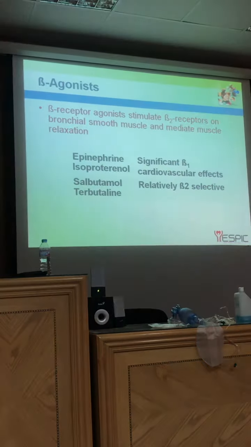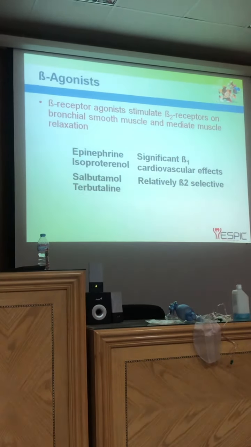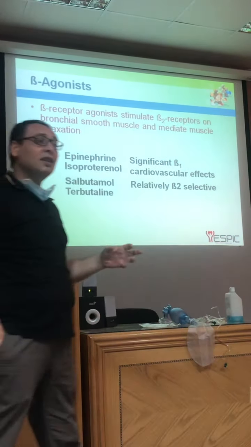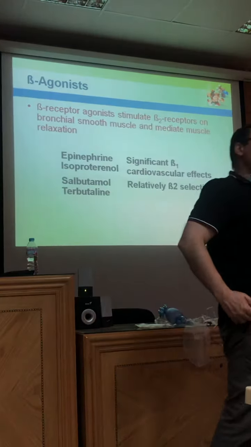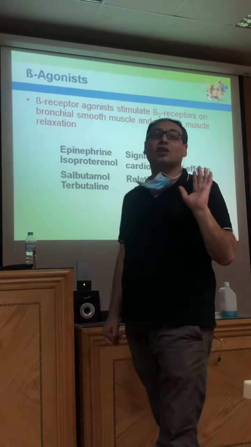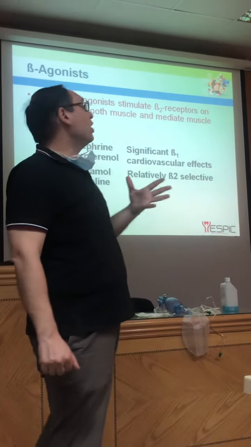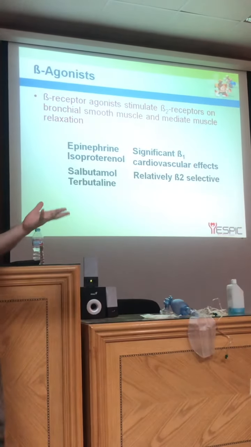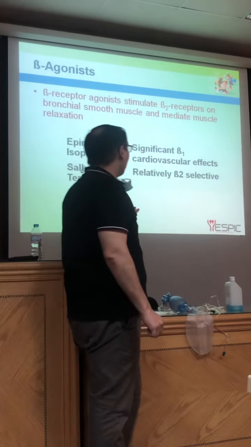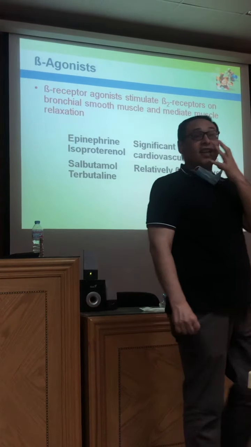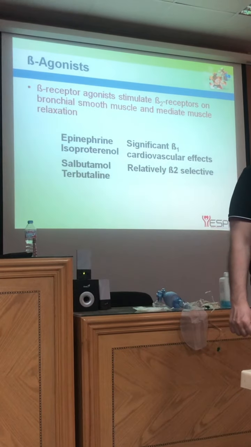The second thing which may come in the exam is the MDI used in asthmatic children. In asthma, we use inhalation therapy in the form of either nebulization or MDI puffs.